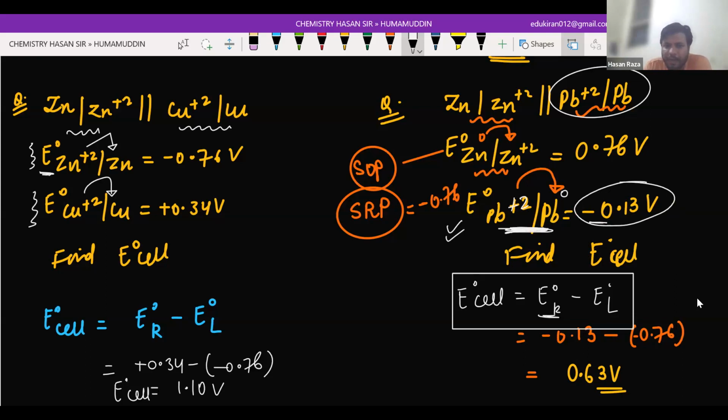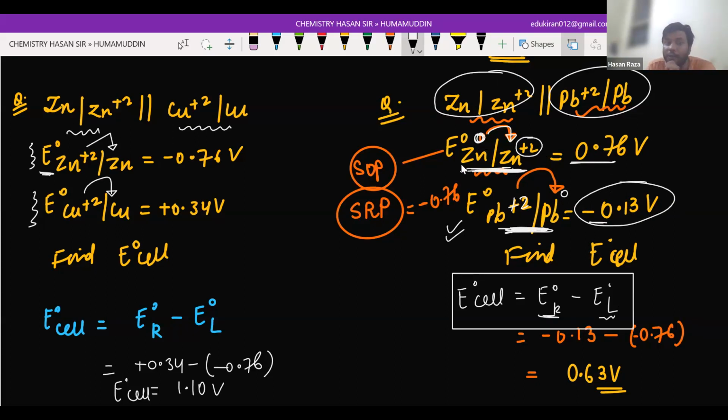Yes. Now, when you are going on the left hand side, this is your zinc. And for this, you have a value. But what is the value of this? Reduction potential or oxidation potential? So you can see from 0 to plus 2. That means this is oxidation taking place. Yes or no? Yes.